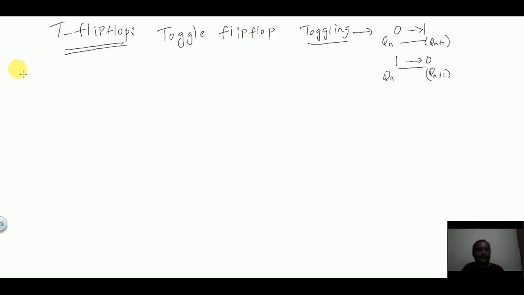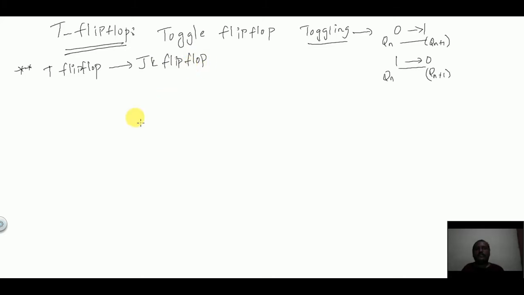Again, the important point, or the characteristic definition of T flip-flop, is that T flip-flop is again obtained from JK flip-flop.